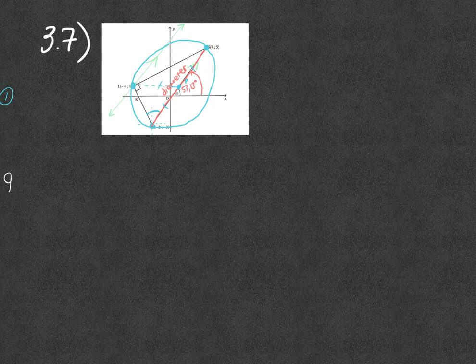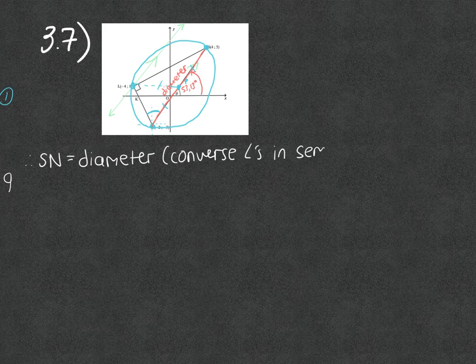So I'm just going to write it out here. We could say that SN equals a diameter, reason being converse angles in semicircle.